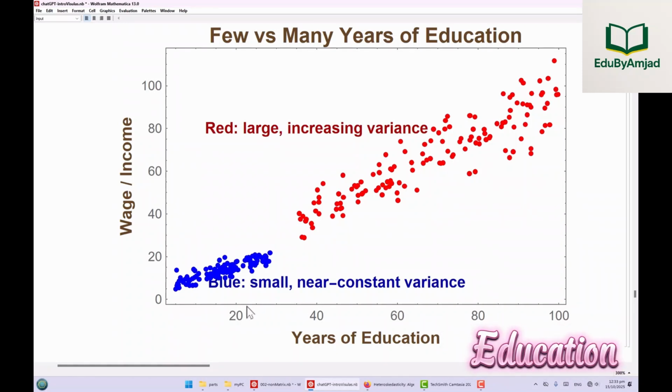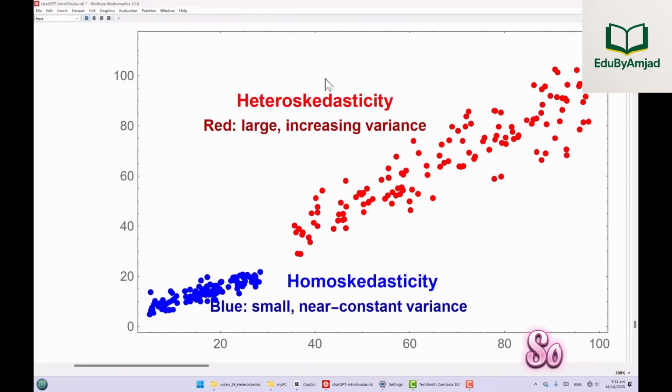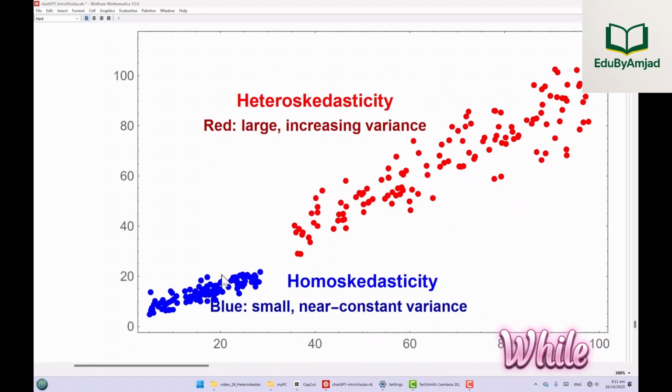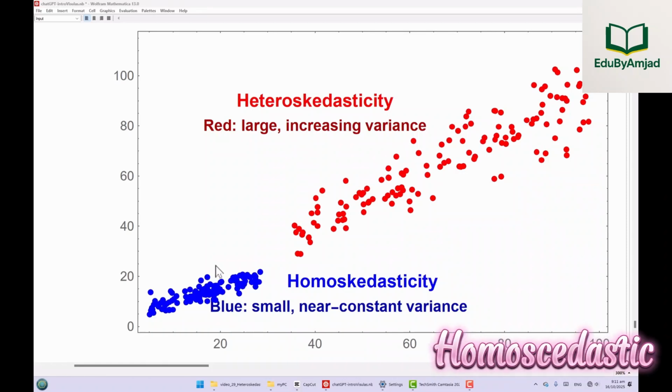Individuals with low education levels have small, similar wages, while those with higher education levels show a much wider spread of income outcomes. So, the data represented by the red points exhibits heteroskedasticity, while the blue points represent homoskedastic data.